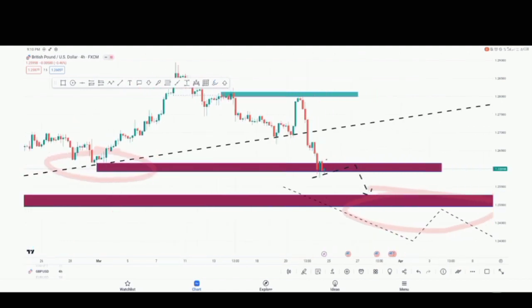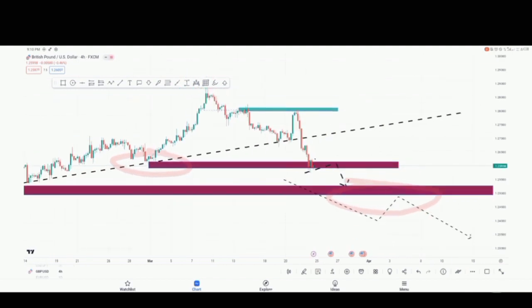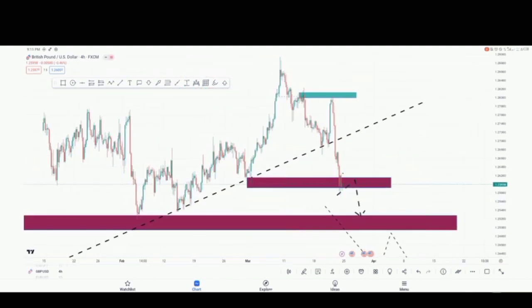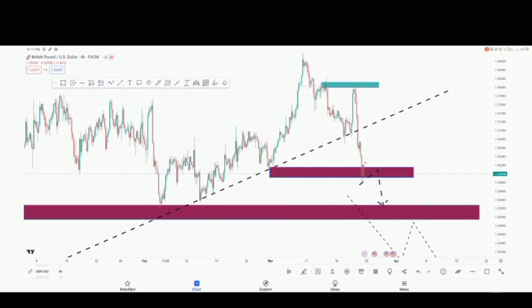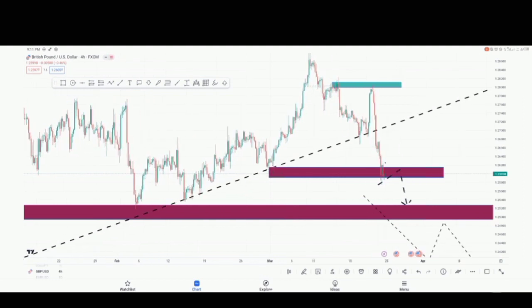Okay guys, this is the 4 hours time frame on GBPUSD. So as you can see clearly on the 4 hours time frame, price has respected our trend line. I will mark it out clearly. It has respected our trend line here. It has also respected our trend line here, and also right here before it broke out.